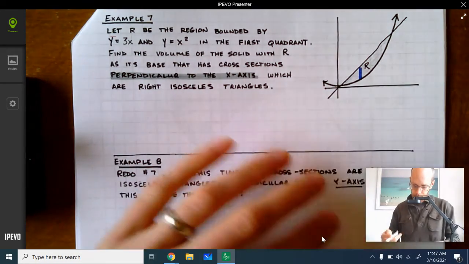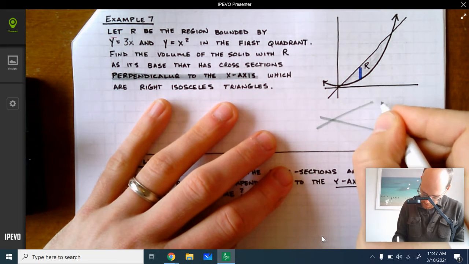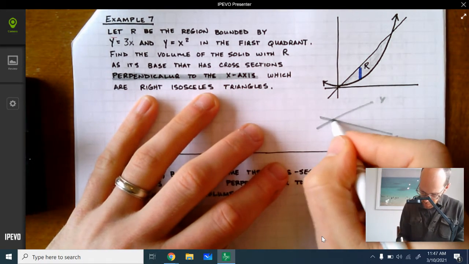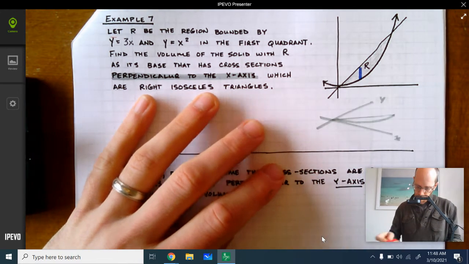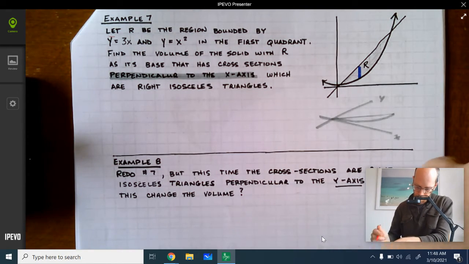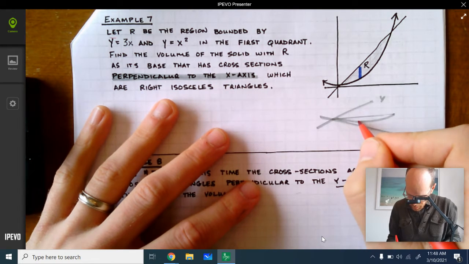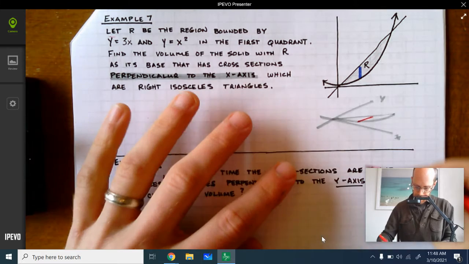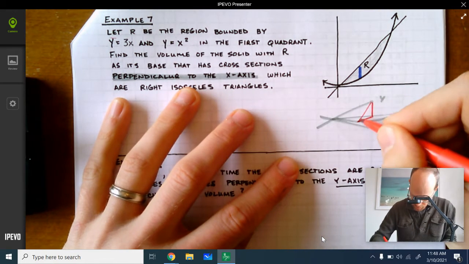And then I'm going to attempt to draw this for you. Here's x, here's y. The region that we're looking at is sort of like boom, and boom. And what we would see if this was popping out of the paper is that where it's wide, there's the base of the isosceles triangle. There's the height of the isosceles triangle.